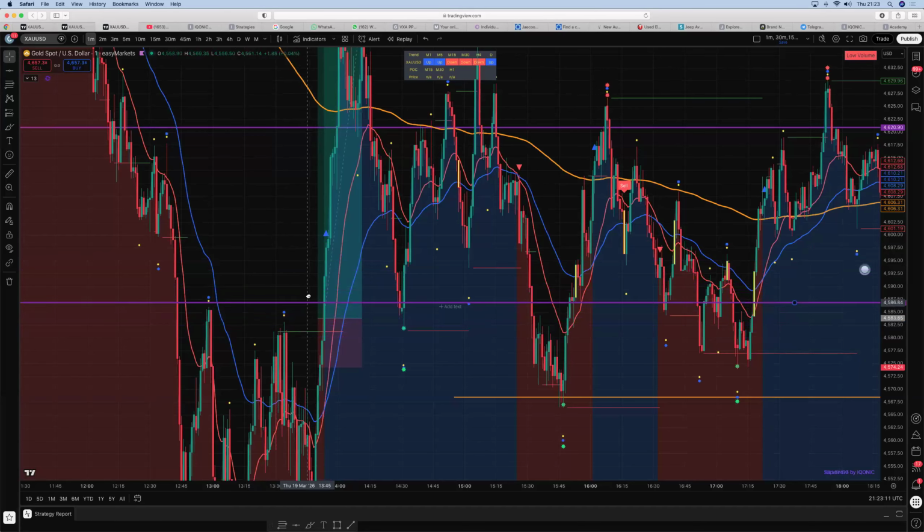You know that the market, when it breaks and it ain't come back through, it's going up, right? So you would just follow your stop along the way.